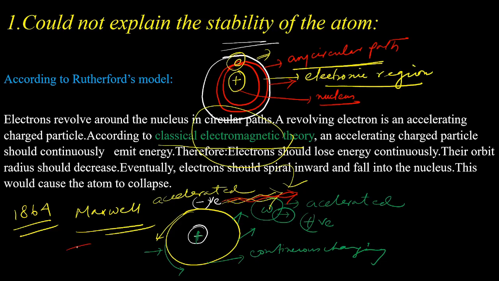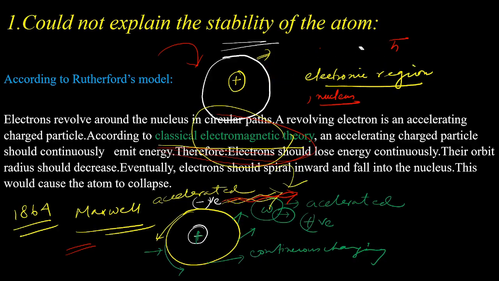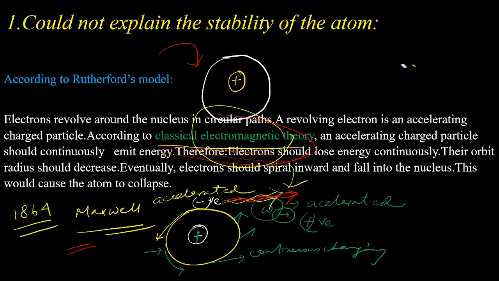If we apply this concept of classical electromagnetic theory to Rutherford's atomic model, we can see that Rutherford stated that the negatively charged particle is rotating around the nucleus in any circular path. The electron is negatively charged and it is rotating around the nucleus, which is a positively charged center.